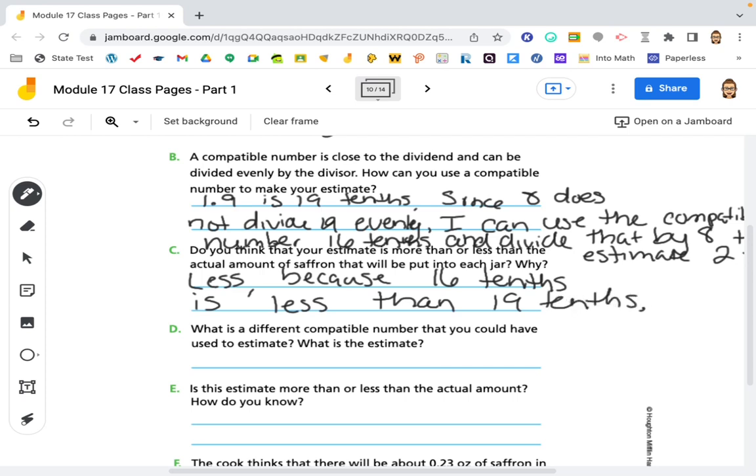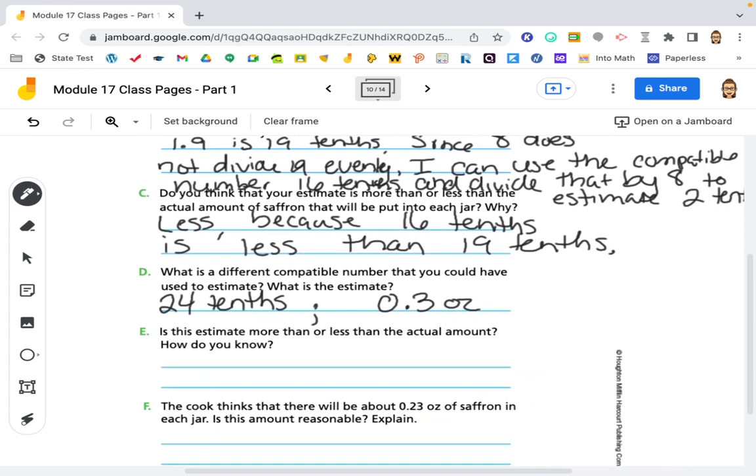So what's a different compatible number that you could have used to estimate? Well, I could have used 24/10 because that is a multiple of 8. And that estimate would give me 3/10 ounces.